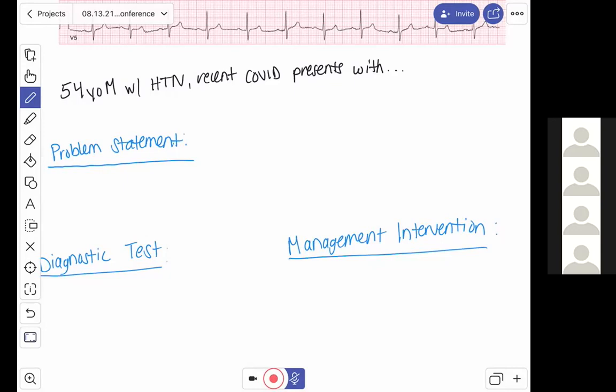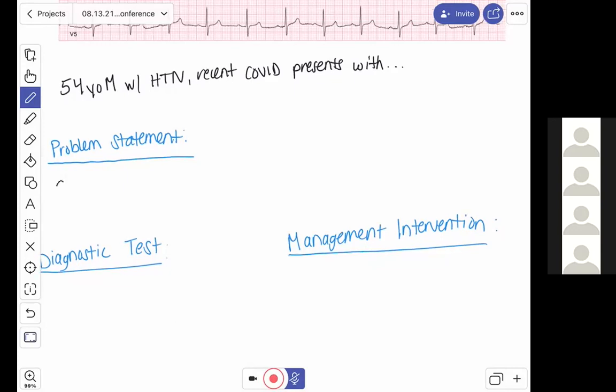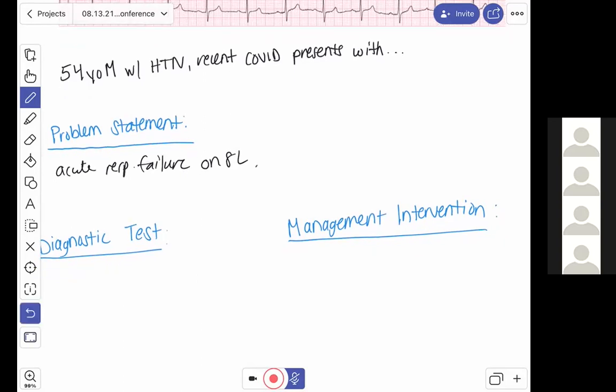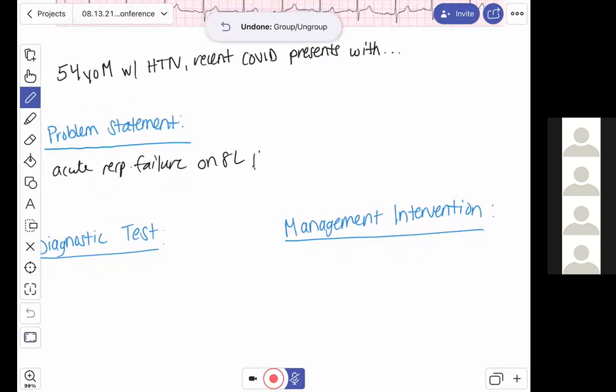Acute respiratory failure on 8 liters of high flow, chest pain. What was the last of it? High heated flow. Yeah, high flow. High flow. Chest pain. Okay.